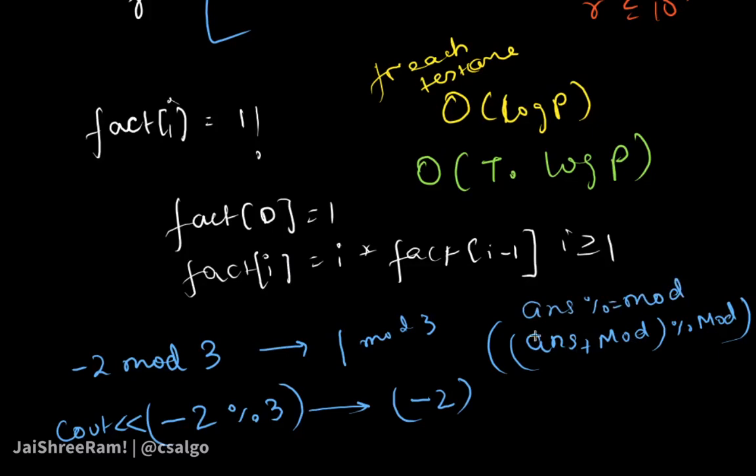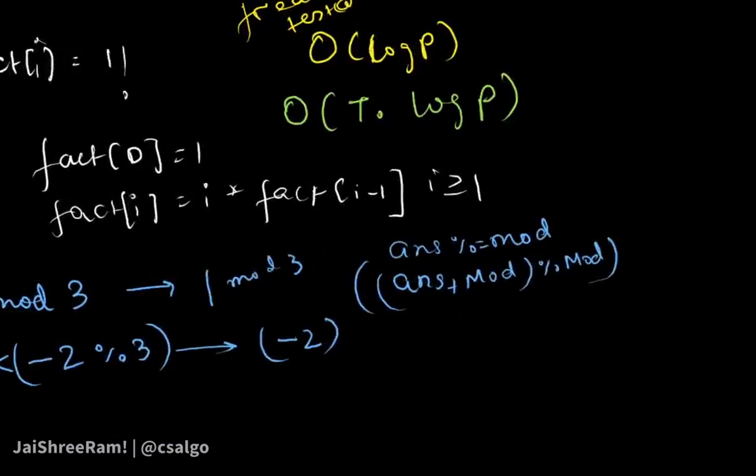So why is this working? If you think about this, why is this working? If the answer is negative, once you take mod, it will lie between negative mod minus 1 and 0, right? So even if you add mod, it will lie in range.